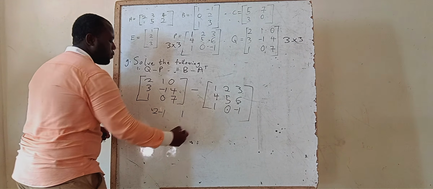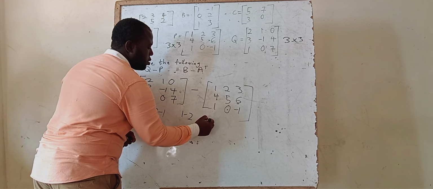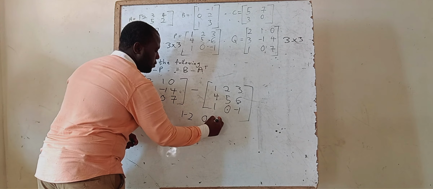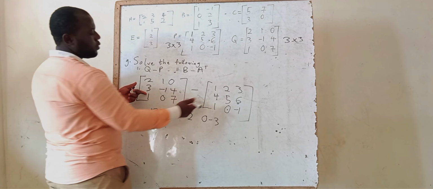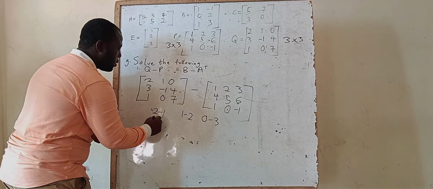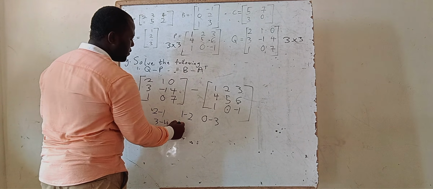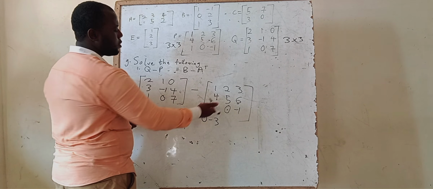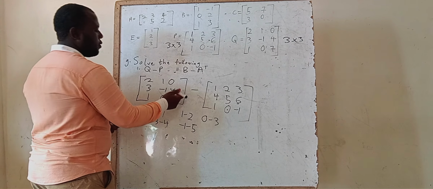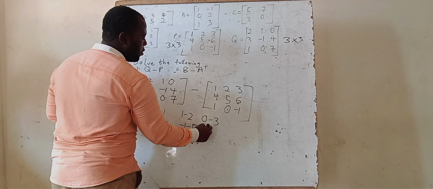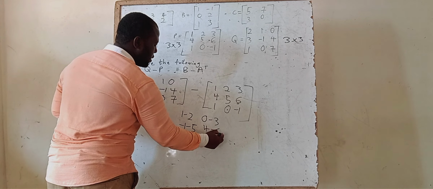1 minus its corresponding element, 2. We have 0 minus 3. We have 3 in the second row. 3 minus its corresponding element, 4. So it will be 3 minus 4. We have negative 1. Negative 1 minus its corresponding element being 5. We have 4. 4 minus its corresponding element being 6.